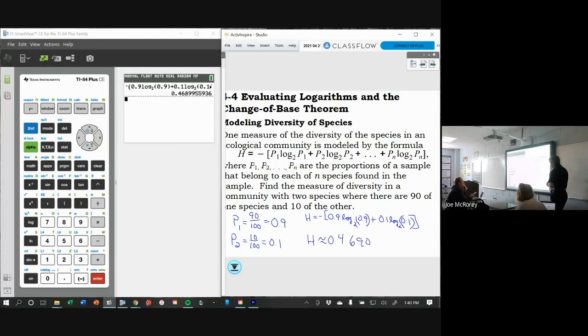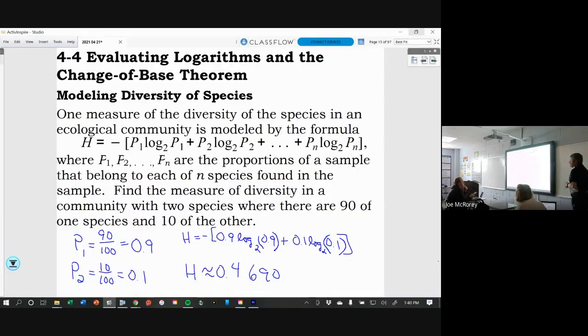I like to practice WYSIWYG: what you see is what you get. I try to make it look like what I wrote down, except changing brackets and parentheses.